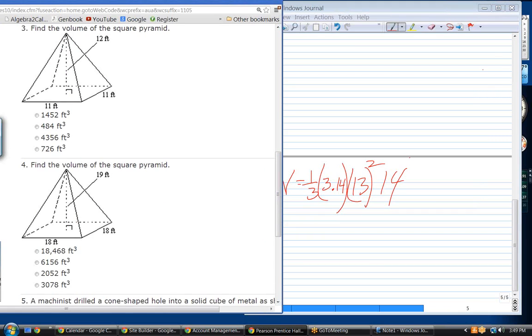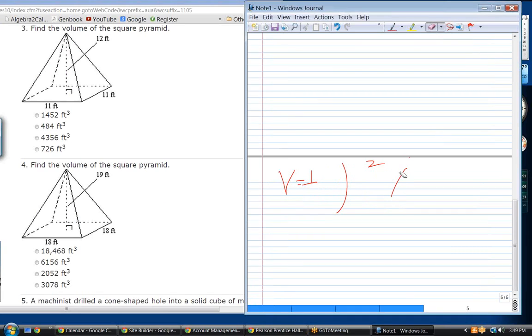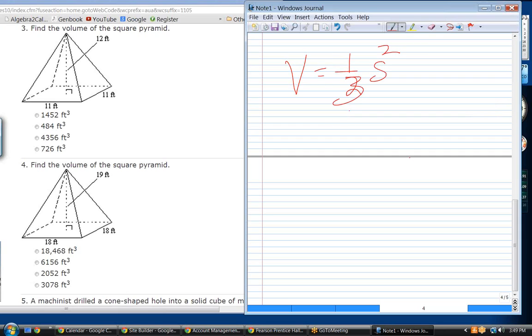Now the volume of the square pyramid, just treat it like it's a cone. So the volume is going to be what? 1/3. The area of the base is the side length squared times the height.